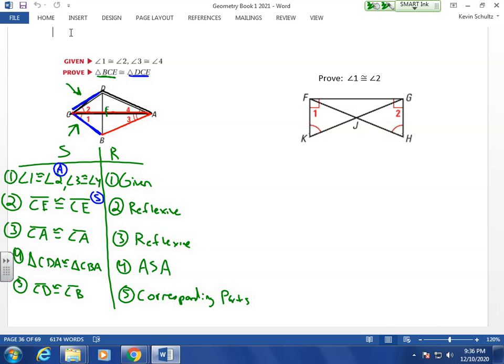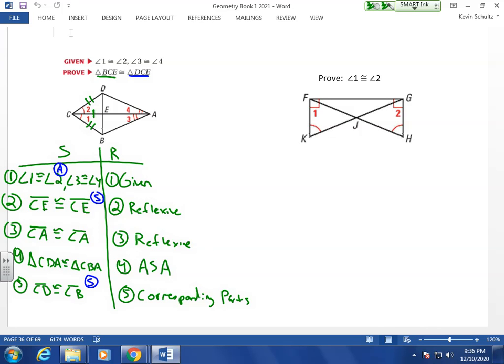Which happens to be my third piece of the triangles I want to prove are congruent. So what do I have here? I've got angles 1 and angle 2, which were given to us. I proved that CE is congruent to CE because they're reflexive. And then through corresponding parts, I proved that CD is congruent to CB.